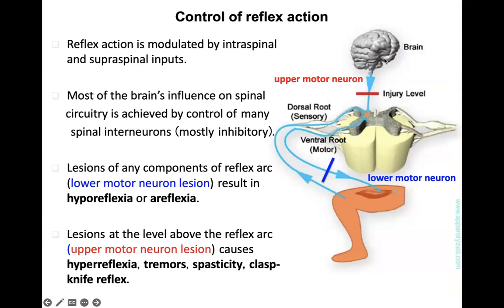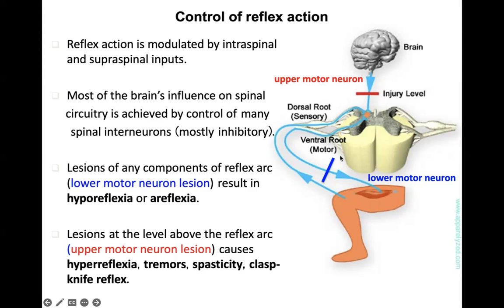So again, in summary, you have the reflex arc. This is just the reflex. You have stimulus, receptors, and then the sensory neurons go to the spinal cord, motor neurons come out, and then stimulate contractions in this case. That's the reflex arc. But at the same time, you have control from the upper motor neuron to control the strength of the reflex.